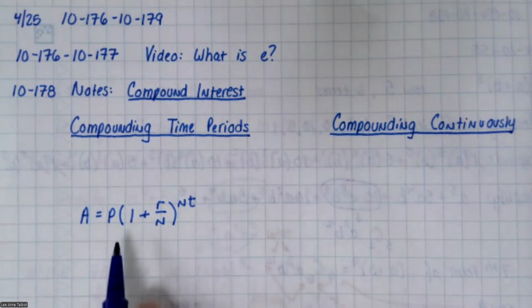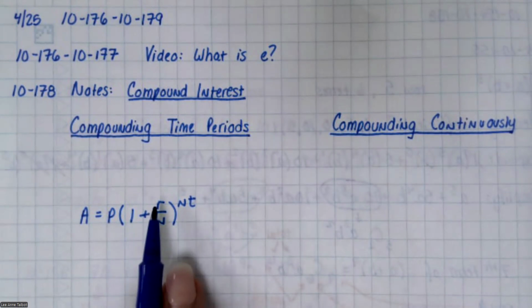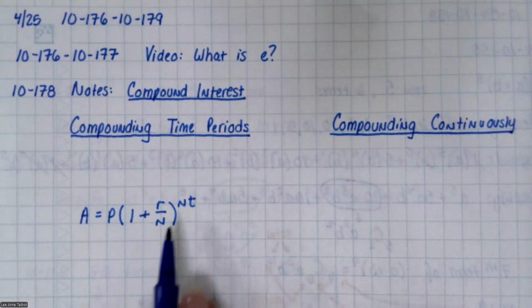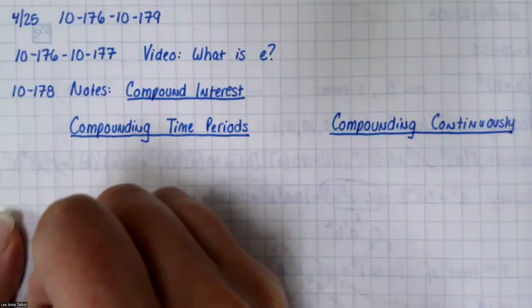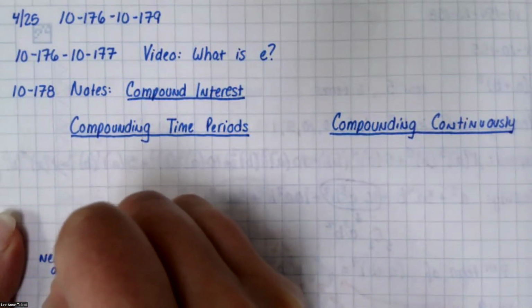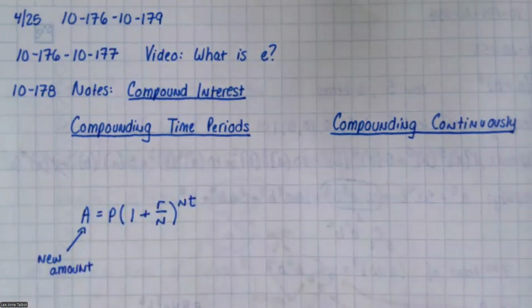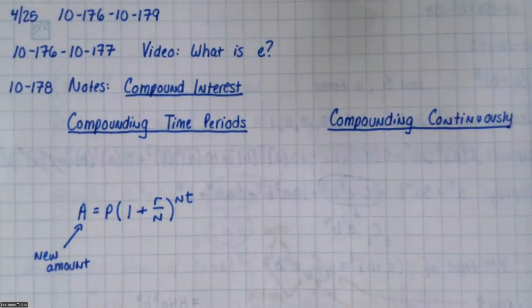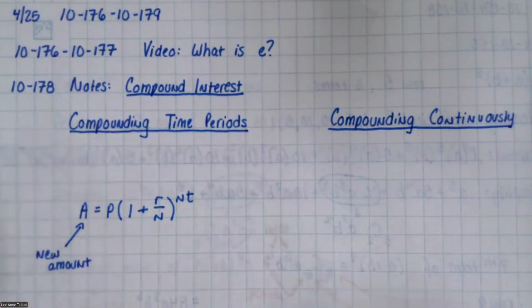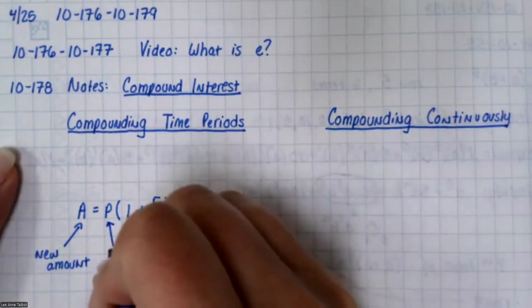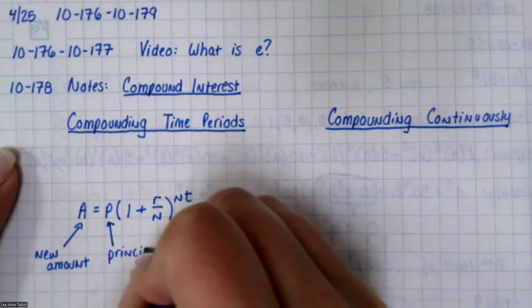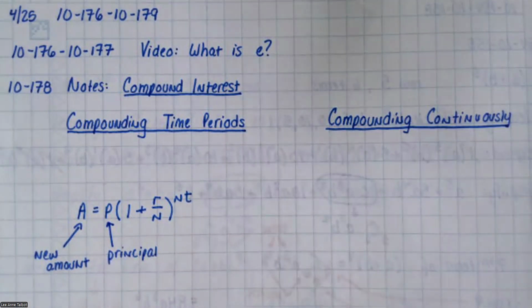So this is the formula she was talking about with the 1 plus 100% over compounding time periods. A is your new amount. A stands for amount. That's your account balance, basically. And P stands for principal, not Miss Kleinschmidt.